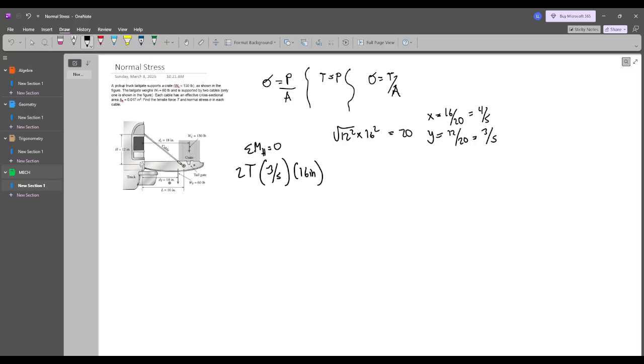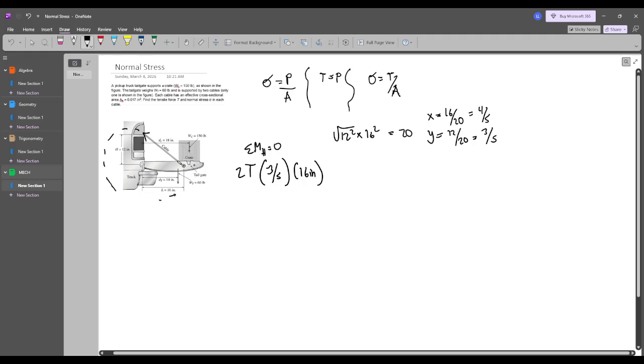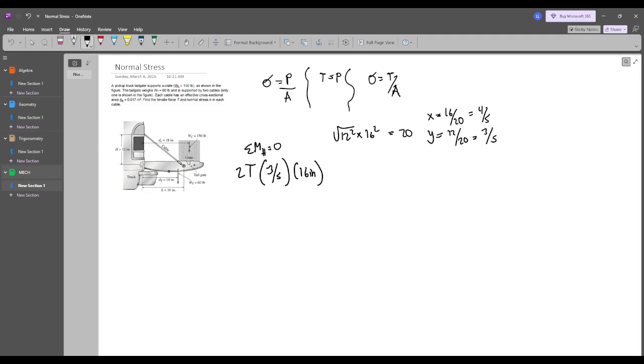And then on to the next one. But before we do, side note, I assume that it's a tensile force, I mean a tension force, meaning it's pulling away from the joint, and since it's pulling away from the joint, it rotates counterclockwise about the hinge, meaning it's positive.